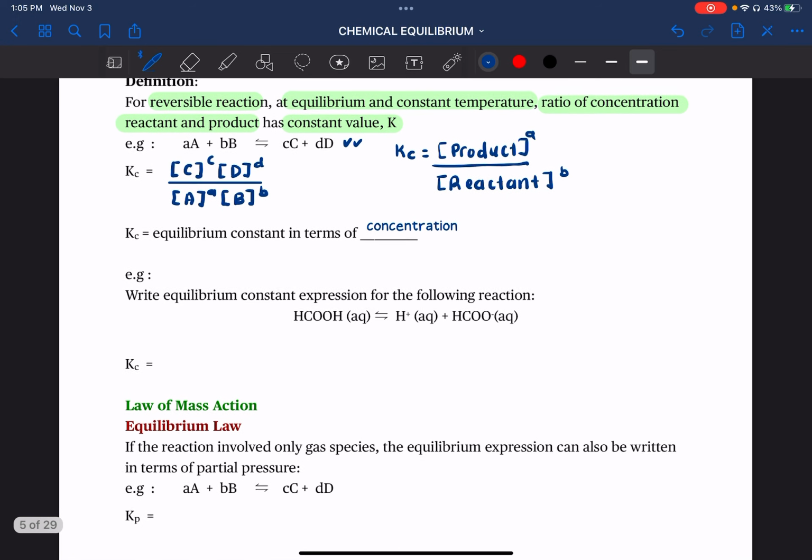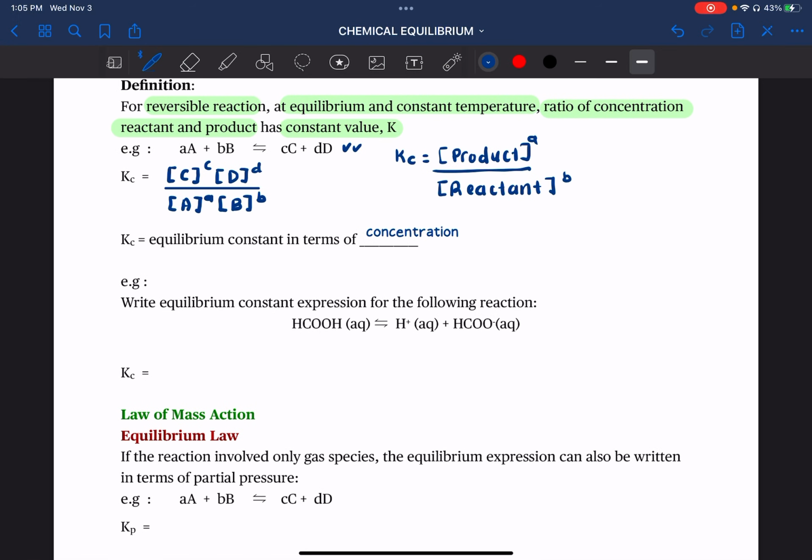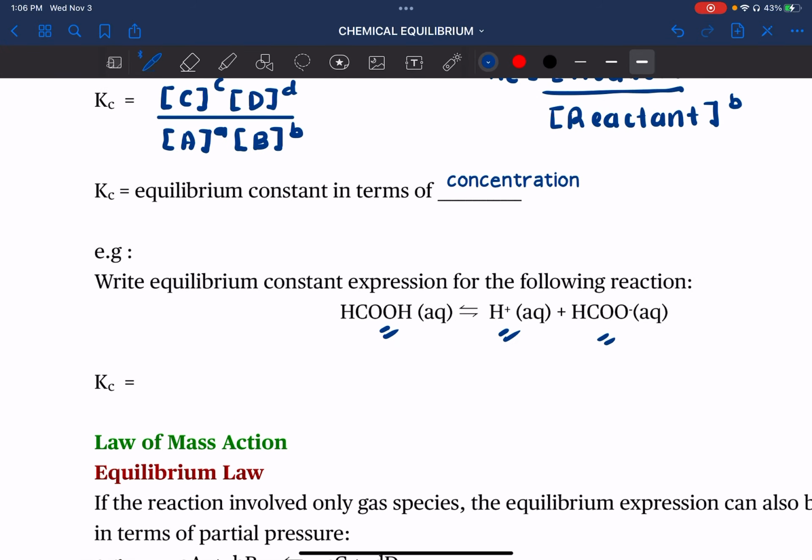Okay, so macam mana nak tulis? So let's consider this following reversible equation. Kita ada methanoic acid form H plus and HCOO minus. Okay, now to write down Kc, tengok produk dulu. So our product is H plus. Okay, draw the square bracket. Square bracket corresponds to the concentration lah.